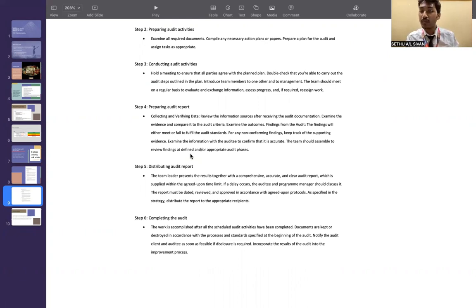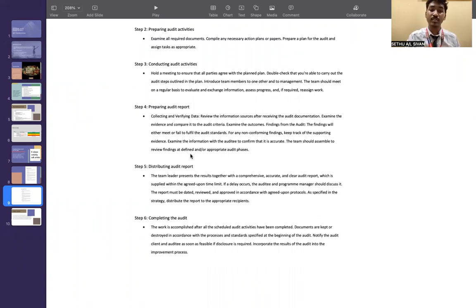For non-conforming findings, keep track of the supporting evidence. Whatever the non-conforming findings are, you should always keep track of them and keep finding the evidence for them. So examine the information with the auditee to confirm that it's accurate. The audit reports should always be accurate.